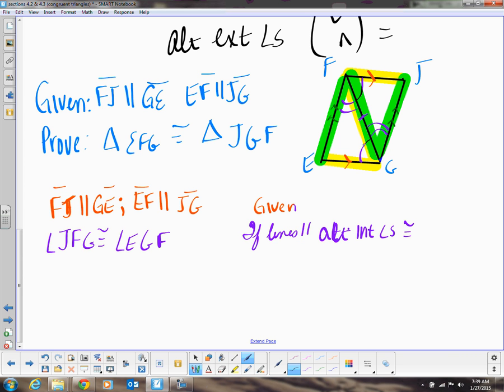Angle, side, angle. So we're going to say angle, side, angle. All right. So do you see these double marks we just did? MJ, can you name this angle right here? Angle EFG. Can you name the other one so that it corresponds? Good. Angle JGF. And what's the reason?